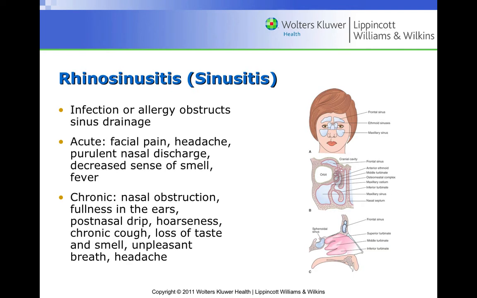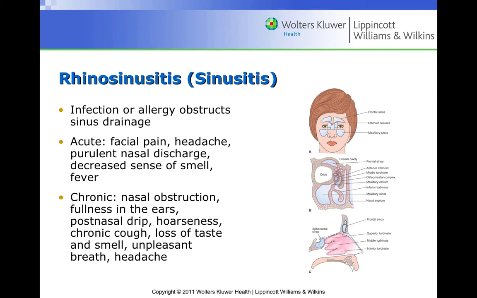Rhinosinusitis or sinusitis is an infection or an allergy that causes an obstruction in the sinuses. People with nasal polyps, swimmers, or those who have been in airplanes are at risk.